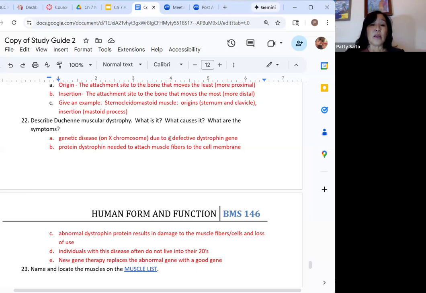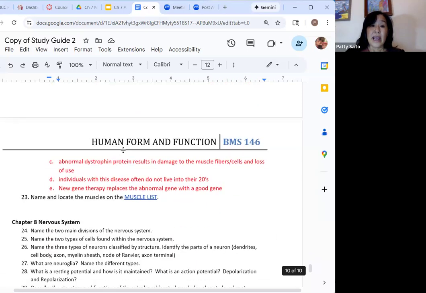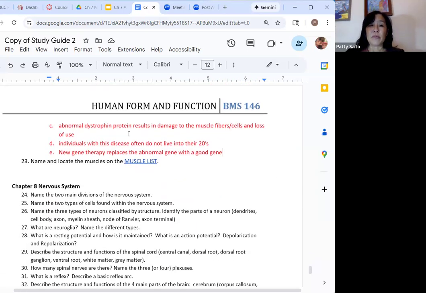So if you're born with this defective gene, you're not able to make this protein, or it's abnormal, and so the muscle fibers aren't usable, or they become more and more damaged over time. And as they become damaged, they're not useful. They don't contract how they're supposed to.